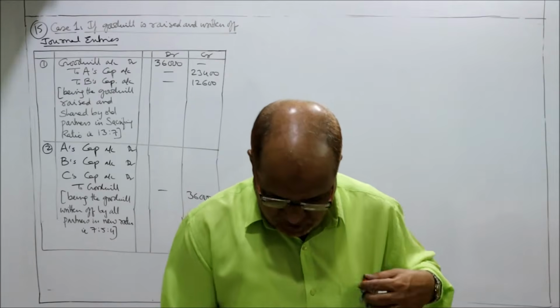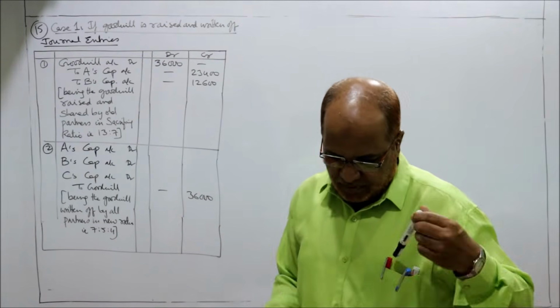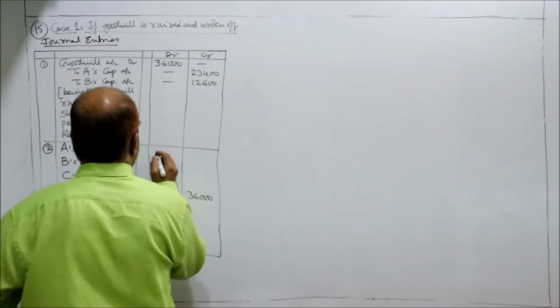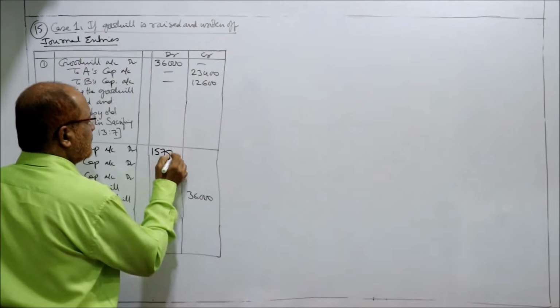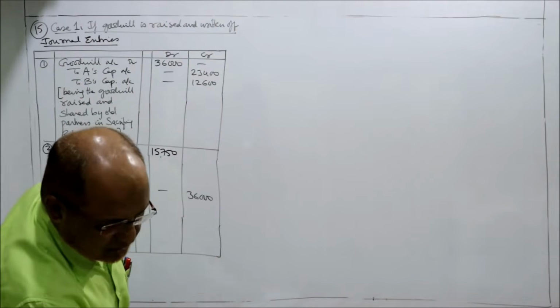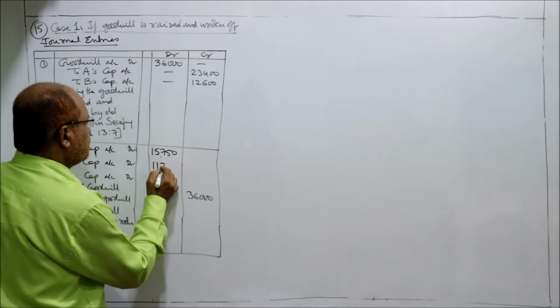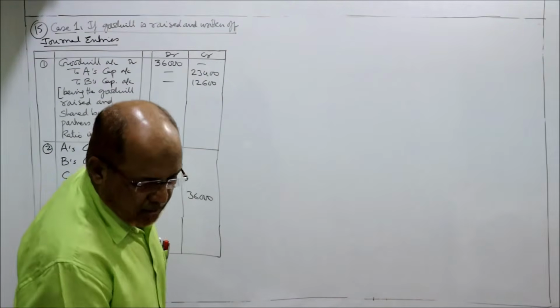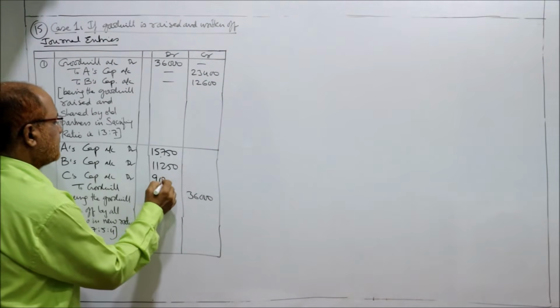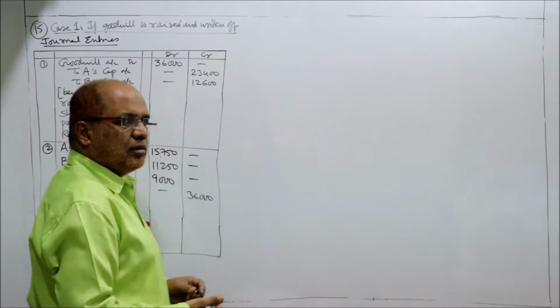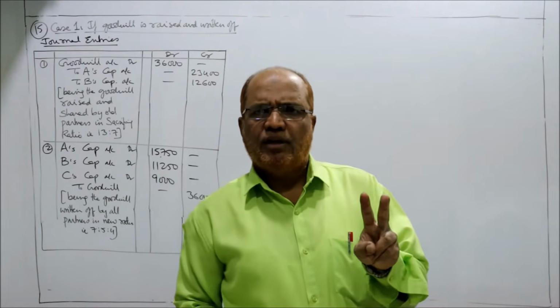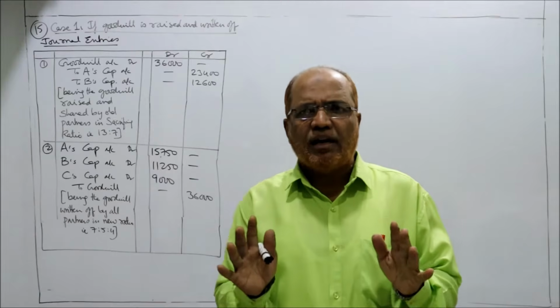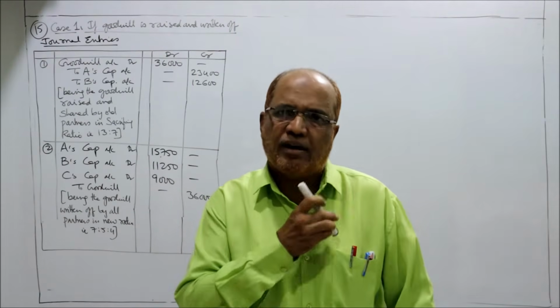So it will become 15,750, 11,250 and 9,000. That's all, only two entries. In this problem we don't have any other adjustments, only the adjustment regarding goodwill.